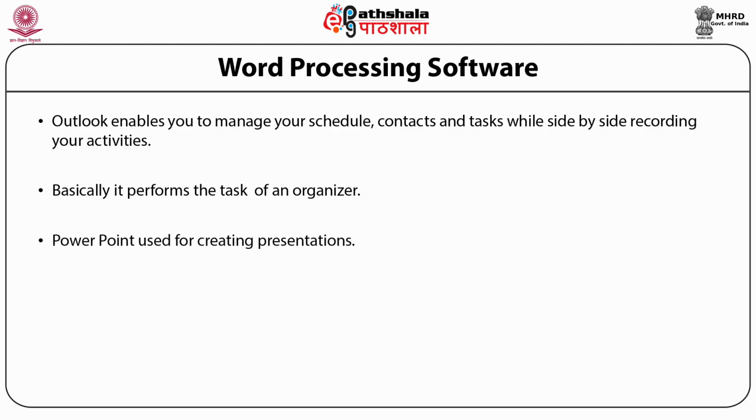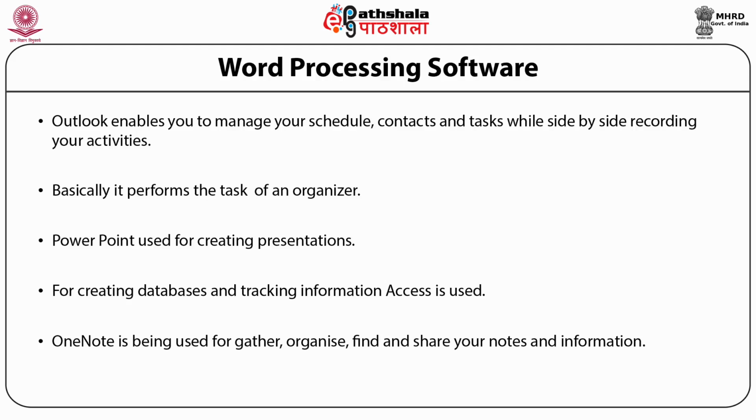PowerPoint is used for creating presentations. It is a popular way of showing information during meetings and conferences. For creating databases and tracking information, Access is used. OneNote is used for gathering, organizing, finding, and sharing your notes and information.